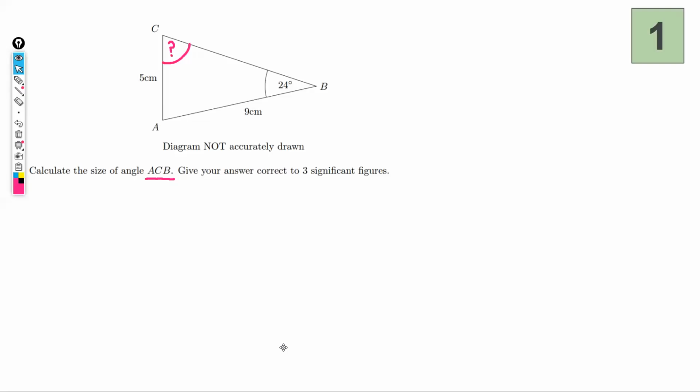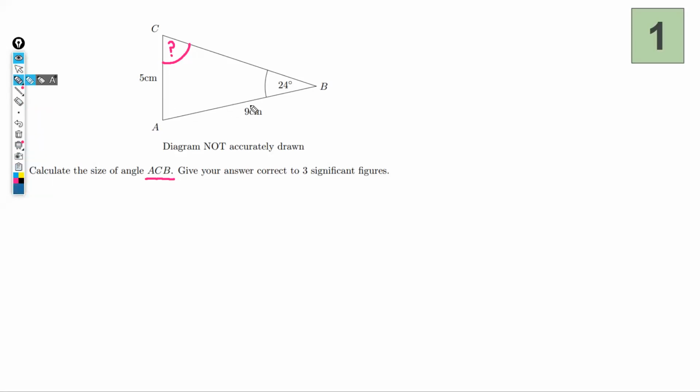Since this is a non-right angle triangle and we're trying to find a missing angle, we're going to have to use either the hard sine rule or what I call the hard cosine rule, right? Before we decide which rule we're going to use, let's see what information they gave us. It seems that they gave us the length of how many sides?